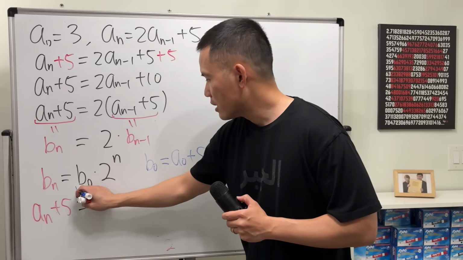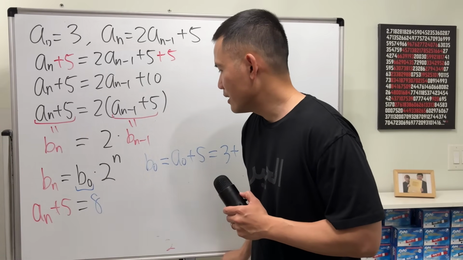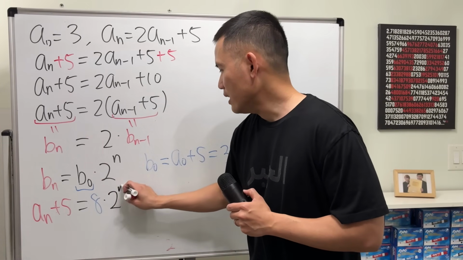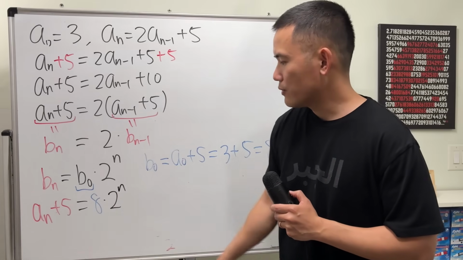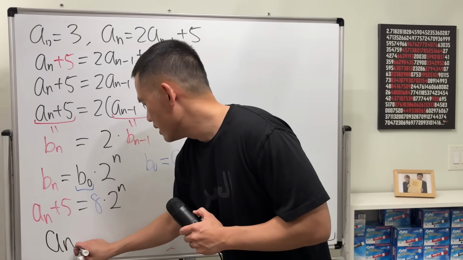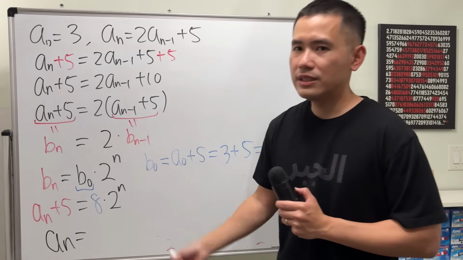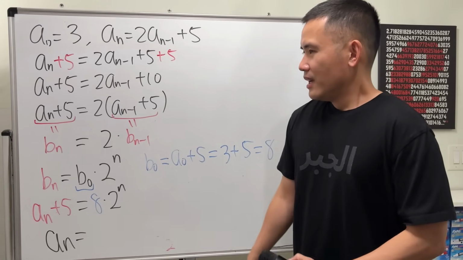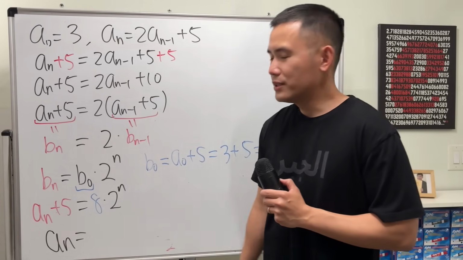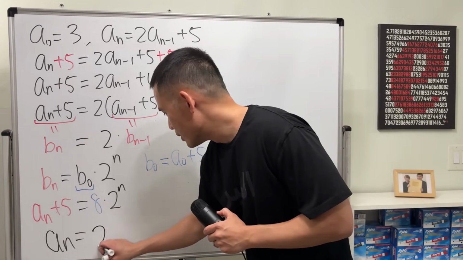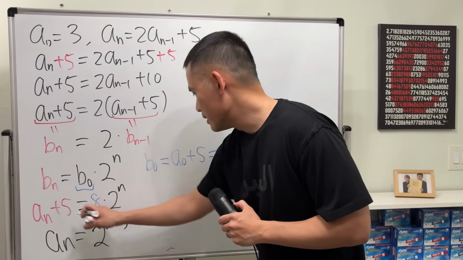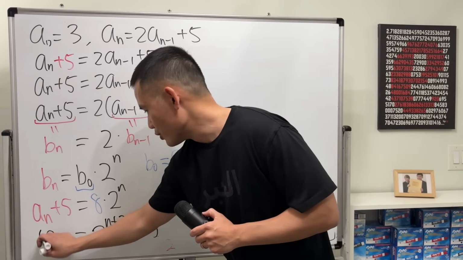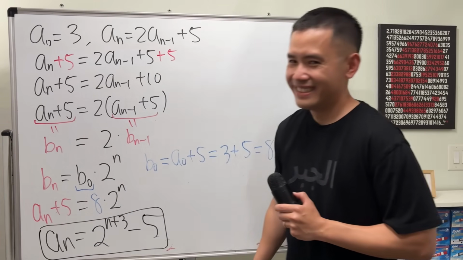So right here, this is 8, and then times 2 to the n. Subtract 5 from both sides. an equals this, just like what we have went over. This is just like what we did earlier. This is 2 to the n plus 3 and then minus 5. Ladies and gentlemen, we are done.